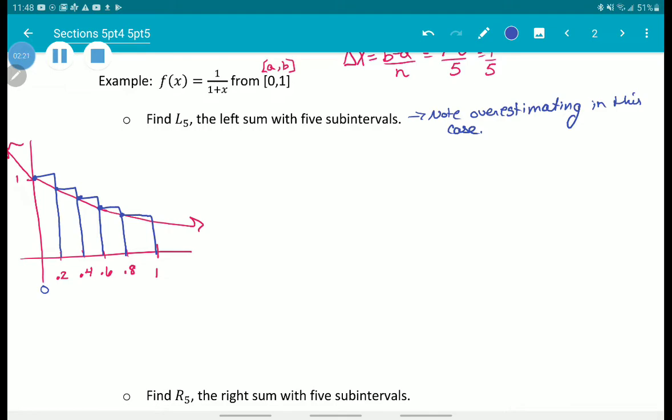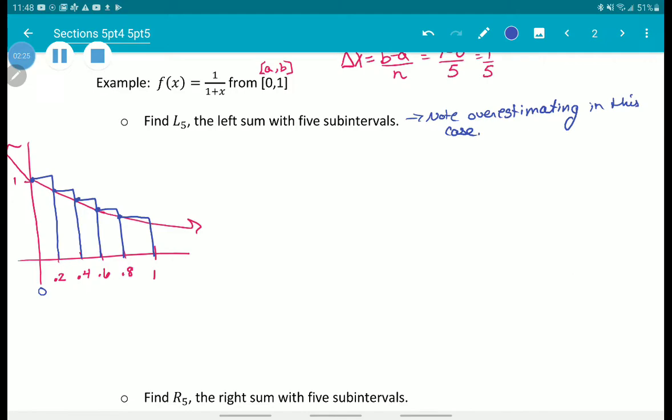The left does not always overestimate. Sometimes it underestimates. It just depends on your picture. But here you can see those rectangles are going above that graph, which means each one's just going to give us an area that's a little bit larger than what it should be.